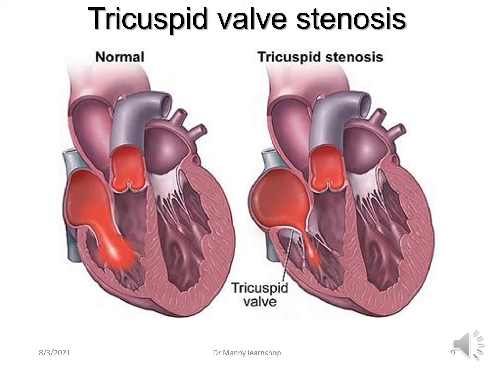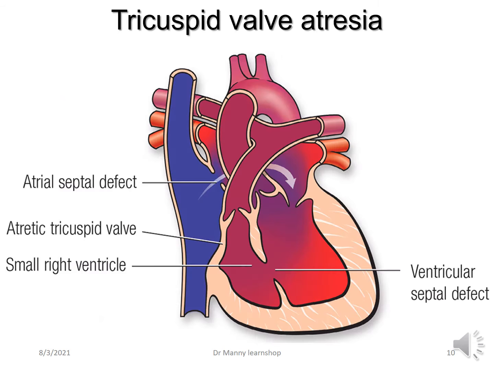So here's an example, tricuspid valve stenosis, and as a consequence of the valve being stenosed, blood doesn't move very effectively from the right atrium through to the right ventricle, through to the pulmonary artery. Then you've got tricuspid valve atresia. Tricuspid valve atresia just means the tricuspid valve didn't develop properly.